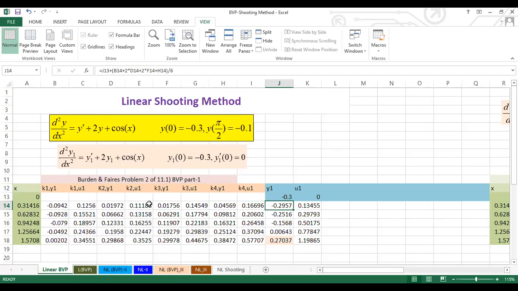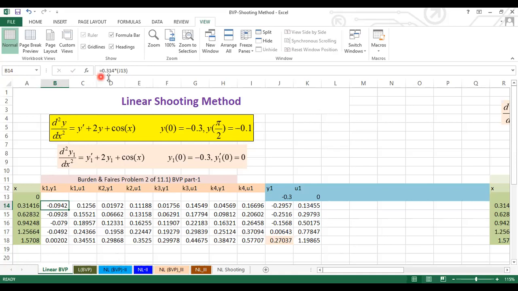As you move your cursor to a cell or select a particular cell, you will be able to see the calculations appearing in this bar. Like over here, if I read, it is B14. So the B14 cell has been constructed by the calculation which has appeared in the upper formula bar.